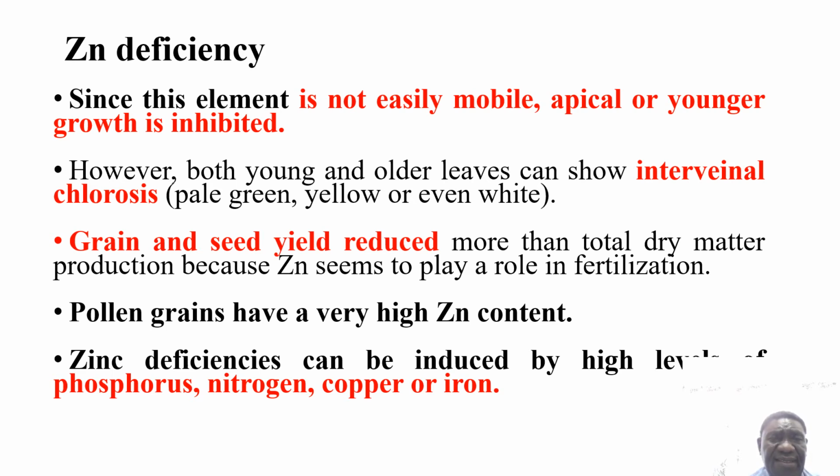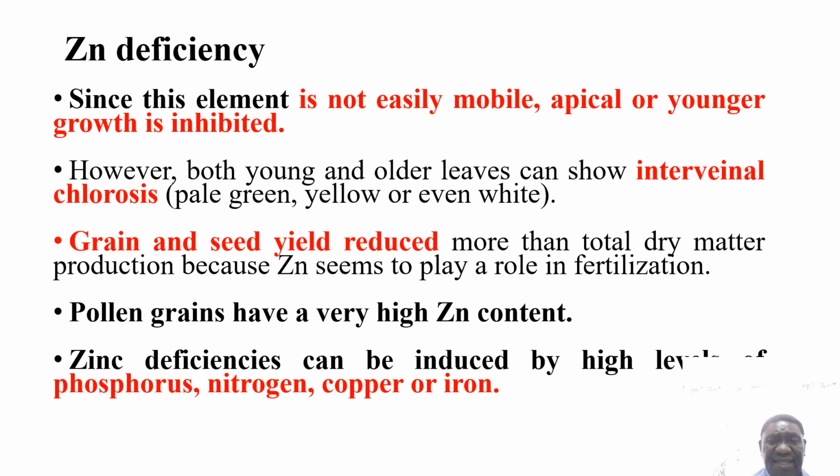With zinc deficiency, since this element is not easily mobile, apical or young growth is inhibited. However, both young and old leaves can show interveinal chlorosis, pale green, yellow, or even white. Grain and seed yield are reduced more than total dry matter production because zinc seems to play a role in fertilization. Pollen grains have a very high zinc content.